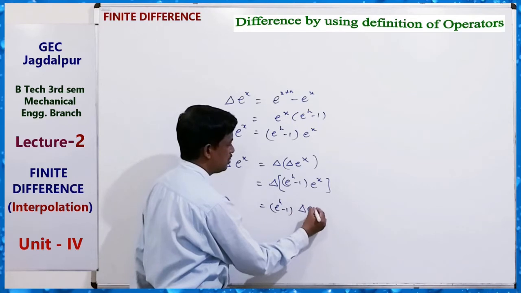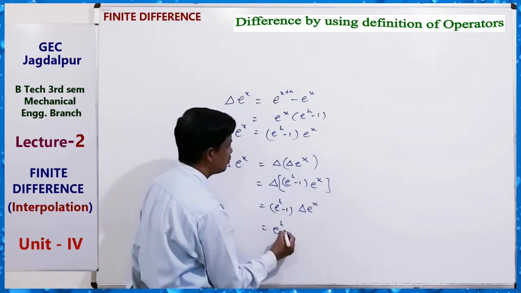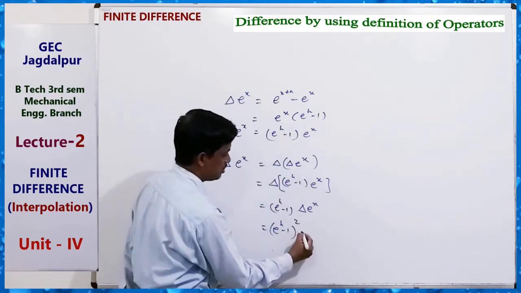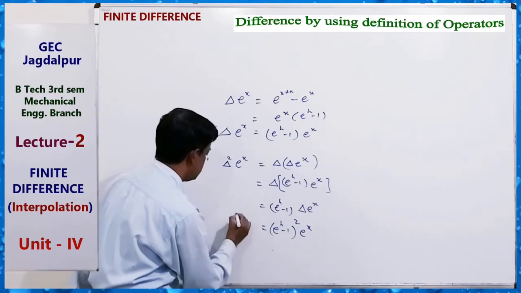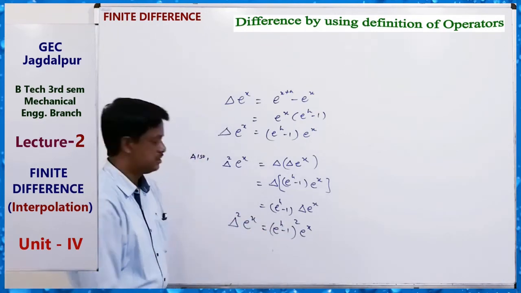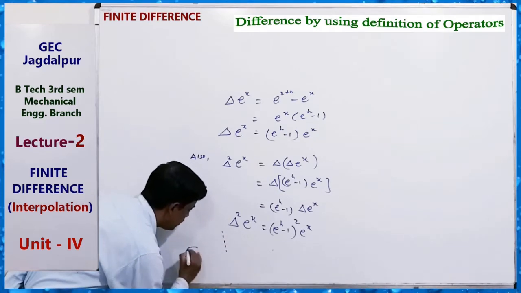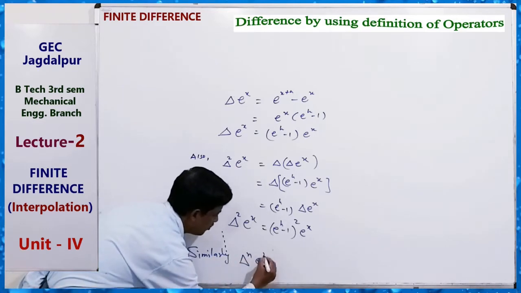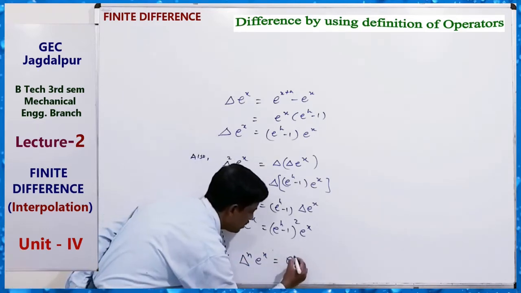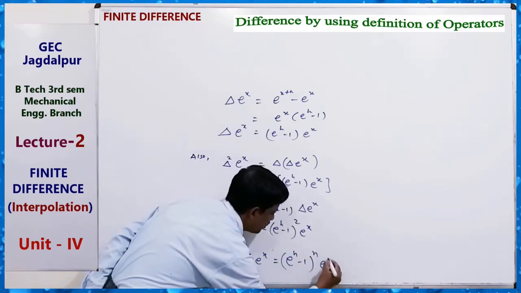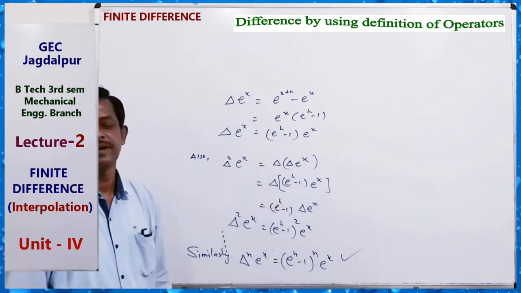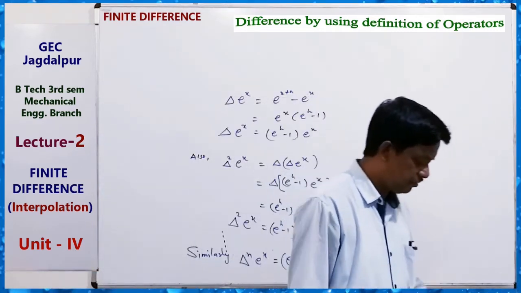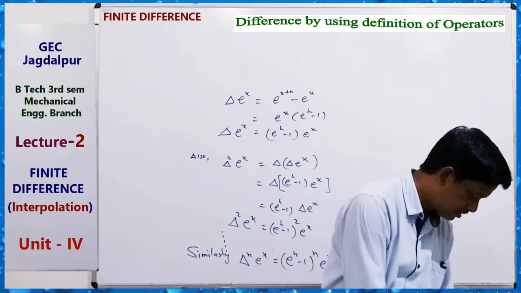So del e to the power x gives e to the power h minus 1 squared e to the power x. So del 2 e to the power x equals this, 2 times. Similarly, when we take the difference n times, we get e to the power h minus 1 to the power n, e to the power x. So the nth difference is this. Clear? In this way you can find the difference of a function.